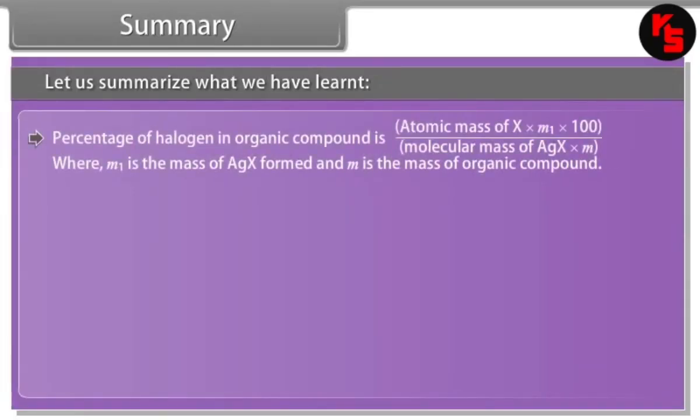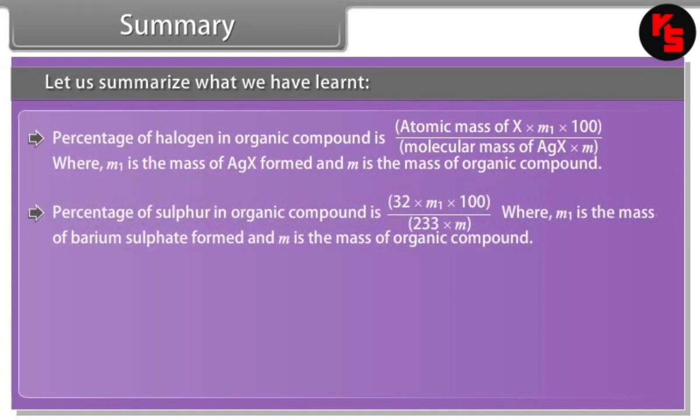Percentage of halogen in organic compound is atomic mass of X × M1 × 100 divided by molecular mass of AgX × M, where M1 is the mass of AgX formed and M is the mass of organic compound. Percentage of sulfur is 32 × M1 × 100 divided by 233 × M, where M1 is the mass of barium sulfate formed.